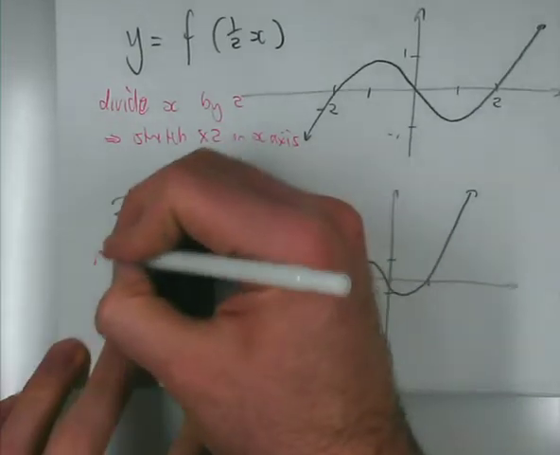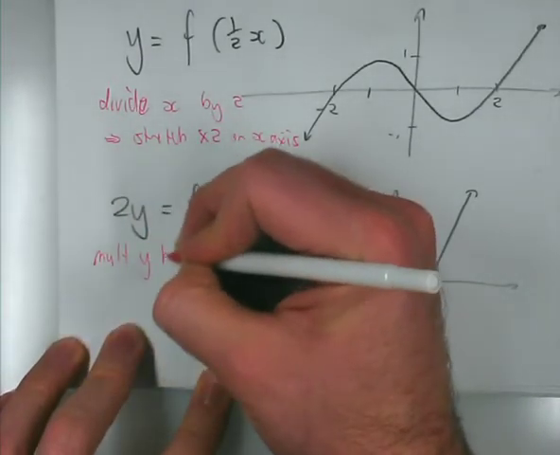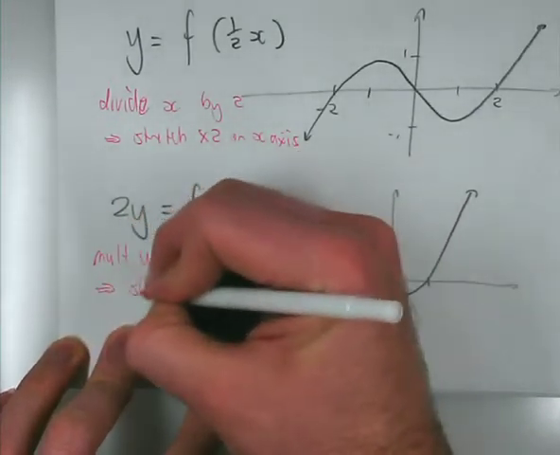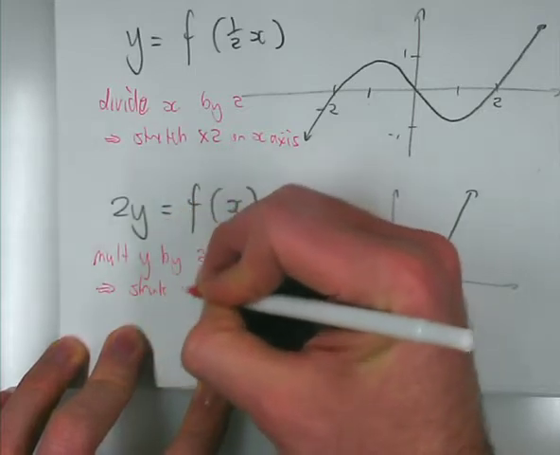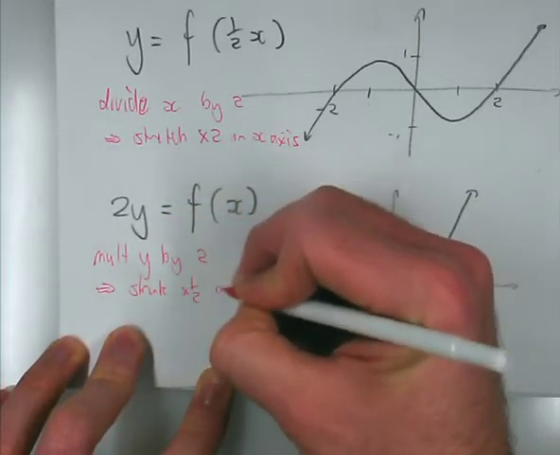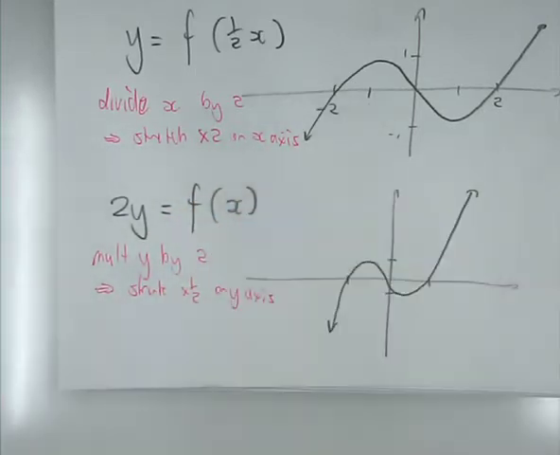So multiply y by 2 means shrink by timesing a half on the y-axis. And same deal happens with adding stuff to the y and all of those things. Anything that you do to the y does the opposite to the y-axis. Anything you do to the x does the opposite to the x-axis.